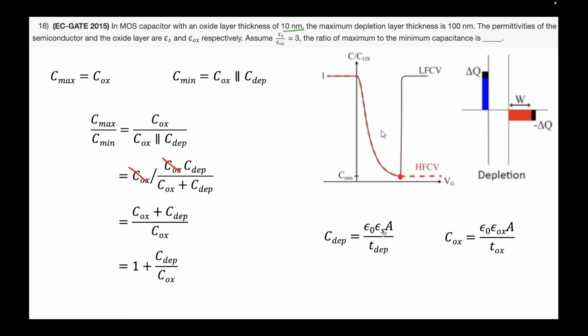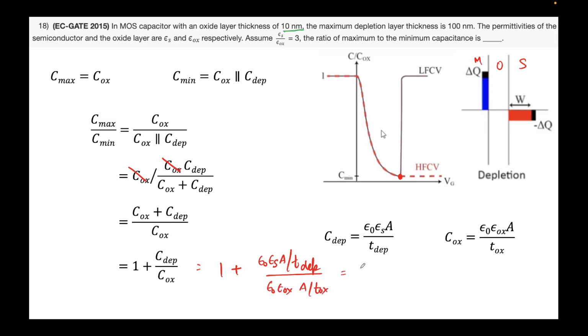C dep is epsilon A by d, capacitance. So epsilon naught, epsilon S of the semiconductor, and A. So this is your oxide, this is your semiconductor, metal. Let's put these values. So this will be 1 plus C dep is epsilon naught epsilon S A over T dep, over Cox, which is epsilon naught epsilon ox area over Tox.